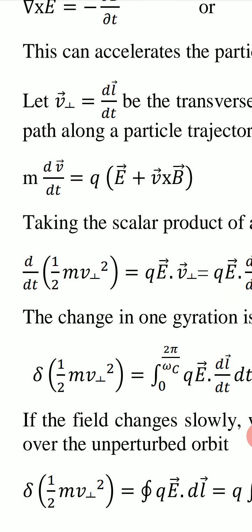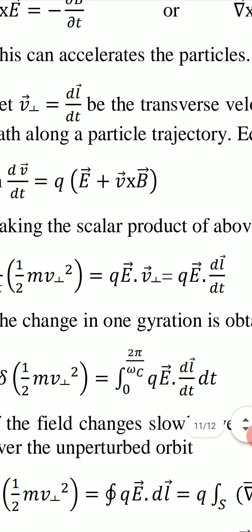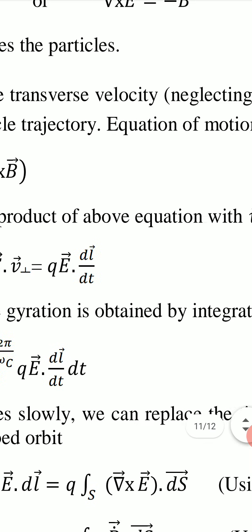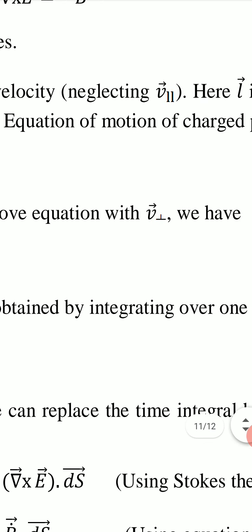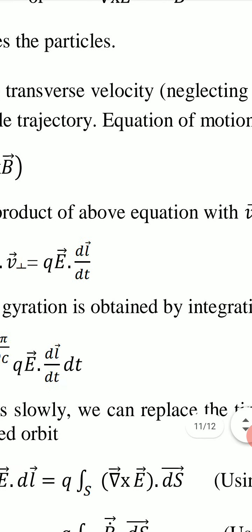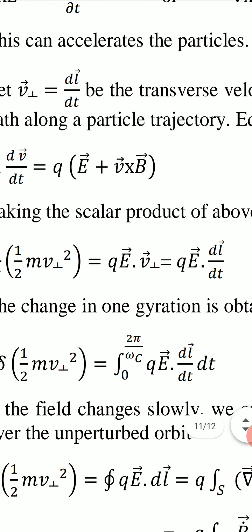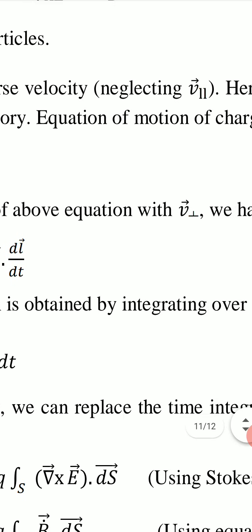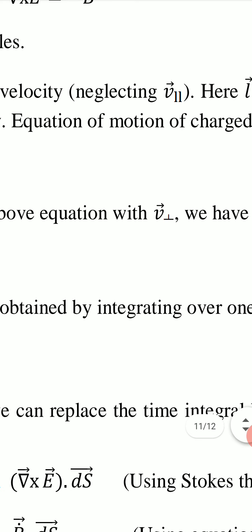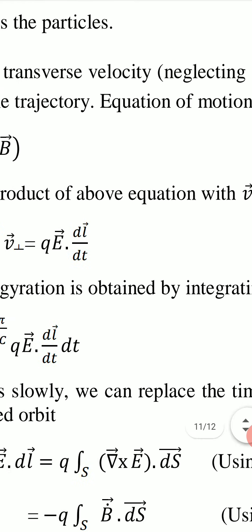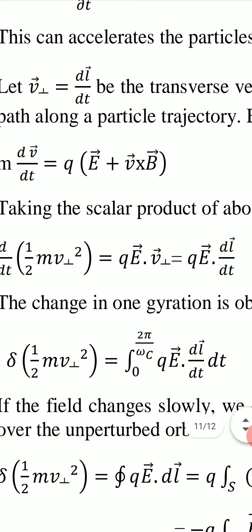Let v perpendicular equal to dl upon dt be the transverse velocity, neglecting the parallel component. Velocity of the charged particle is v vector. We consider its two components: one is v perpendicular and the other is v parallel. v parallel is parallel to B vector, and v perpendicular is perpendicular to B vector.